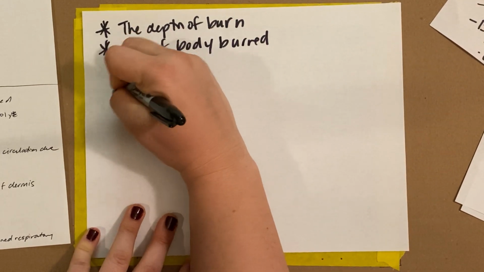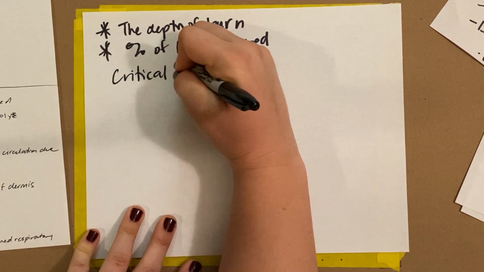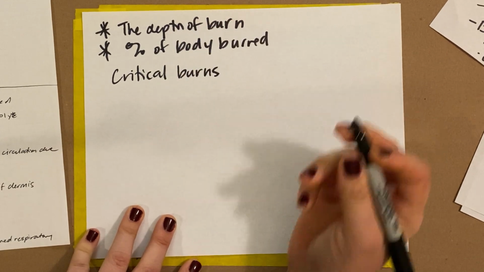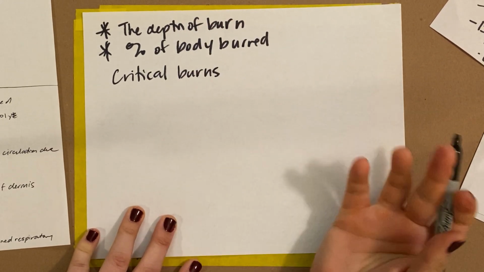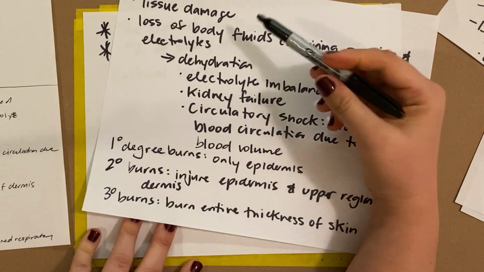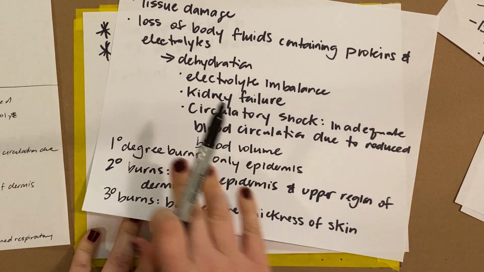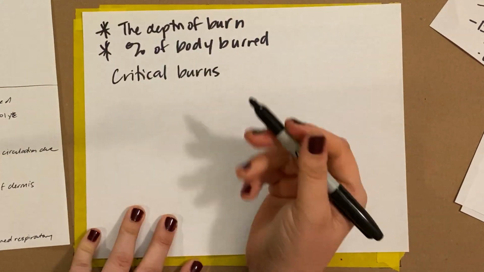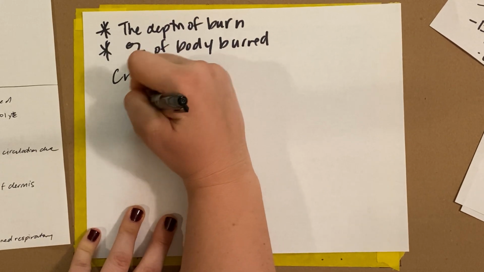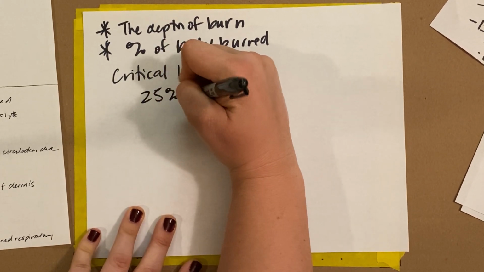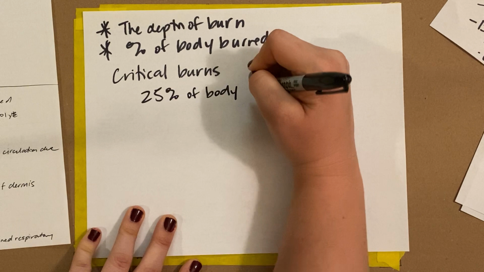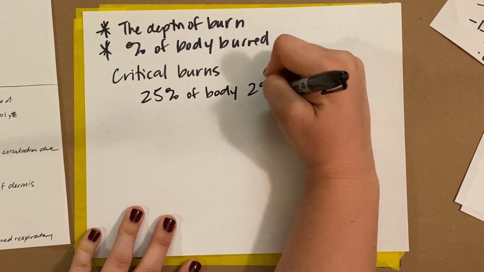Okay, so critical burns, these are the ones that they're very worried about, specifically for the circulatory shock and things like that. Those are going to mean that you have 25% of your body with second-degree burns.